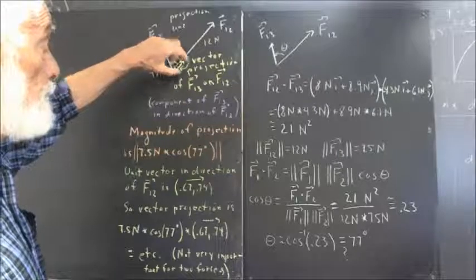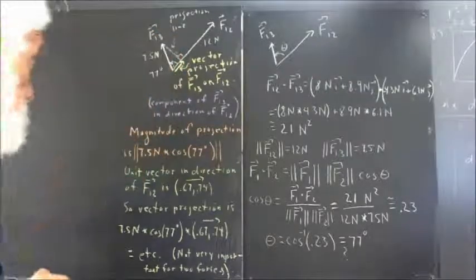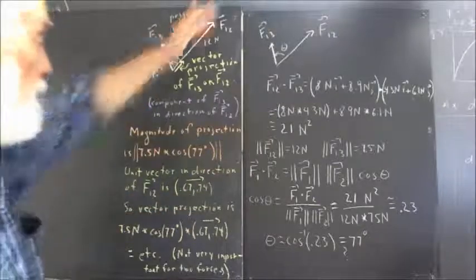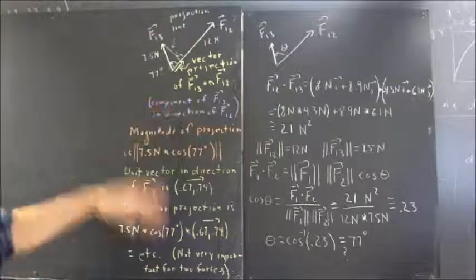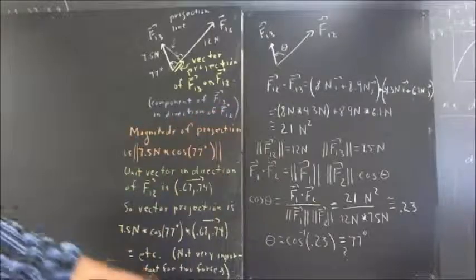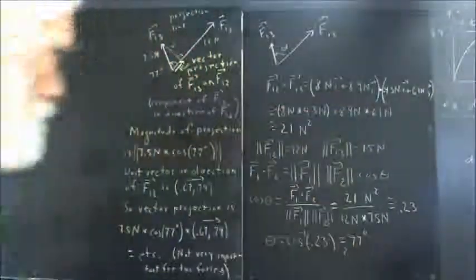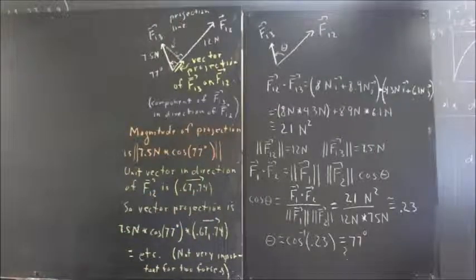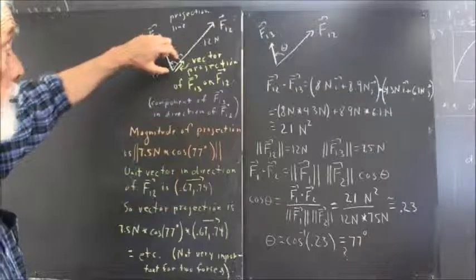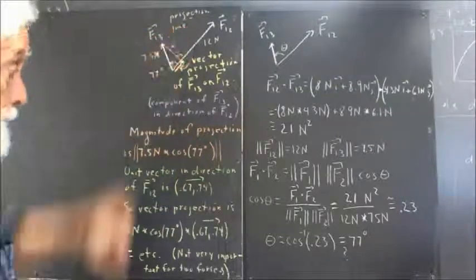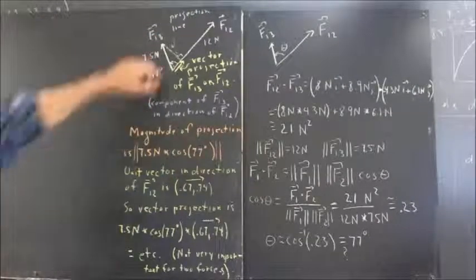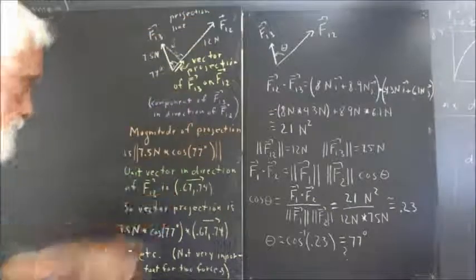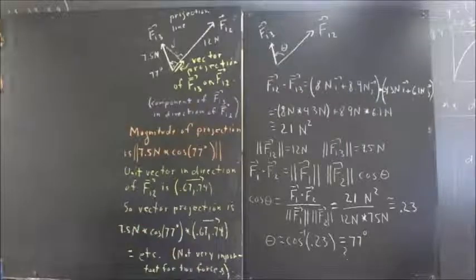That's how long this projection vector needs to be. The unit vector in the direction of this F12, you might recall, and if not, you can easily calculate it, is 0.67, 0.74. So if we multiply the magnitude of this projection by the unit vector in this direction, we're going to get the vector projection.